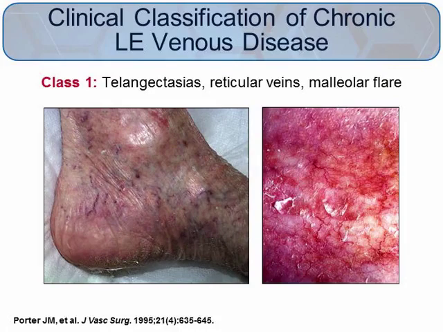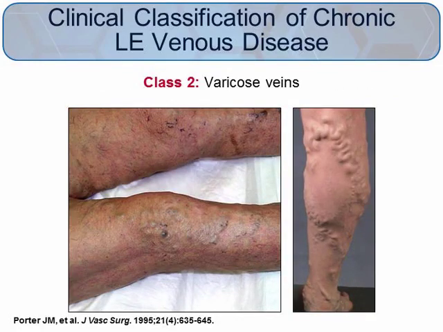It's also called venous flare, and venous flare sign, and it's pathognomonic for chronic venous insufficiency. Class 2 is the presence of varicose veins, which are subcutaneous veins that are palpable, and they're 4 or more millimeters in diameter.